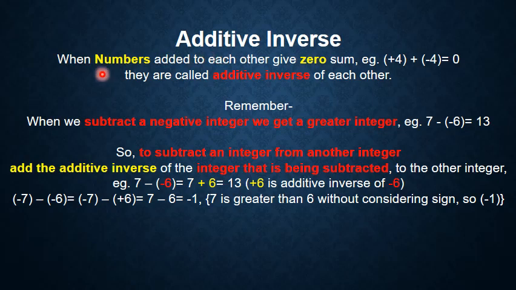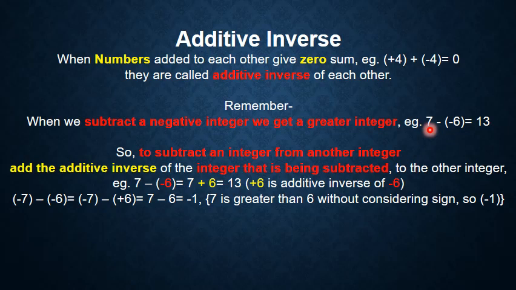Additive inverse. When numbers added to each other give zero sum, for example, plus 4 added to minus 4, the answer is 0. They are called additive inverse of each other. Remember, when we subtract a negative integer, we get a greater integer.